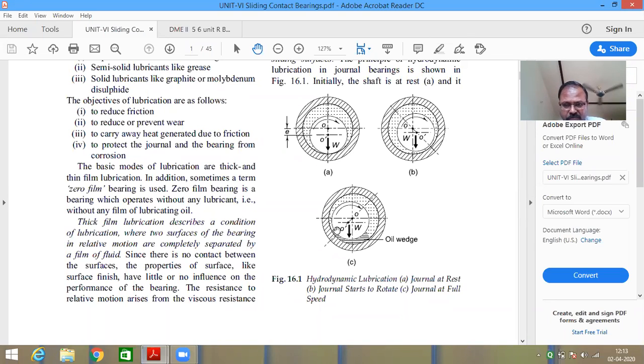When the thick or thin film of lubricant breaks, the journal surface will come in contact with the bearing surface and metal to metal contact will be there. That means there will be no more lubrication and friction will arise. So in order to avoid that metal to metal contact, a very thick film of lubrication is necessary, and that is provided by hydrodynamic lubrication.